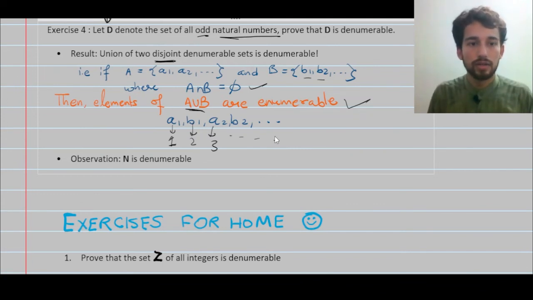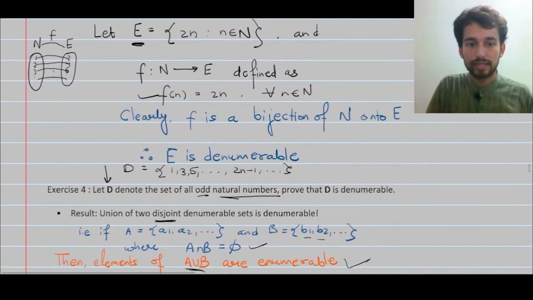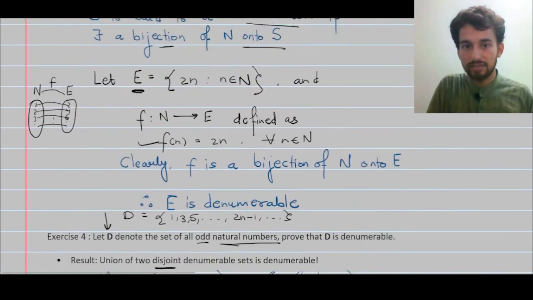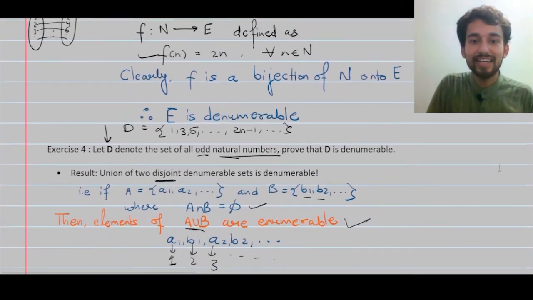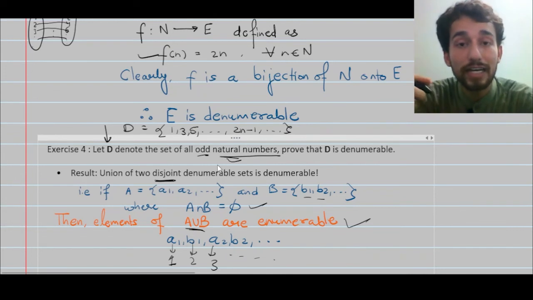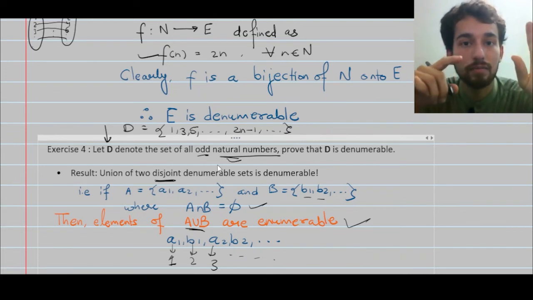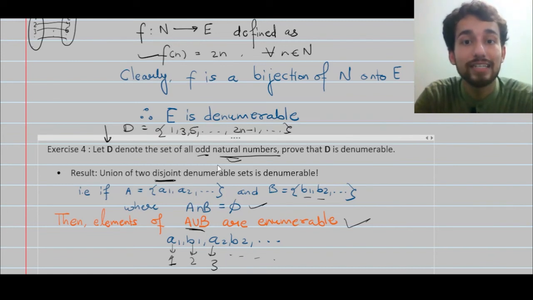Okay, so now using this powerful result, if you see these two things, the first thing is, we have proved above that the set E of even natural numbers is denumerable. The set D of odd natural numbers is denumerable. Both are disjoint. If you can verify, the set of even natural numbers and the set of odd natural numbers are mutually disjoint.